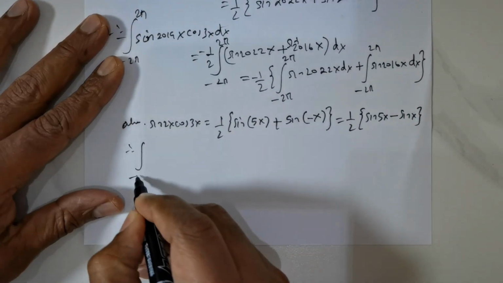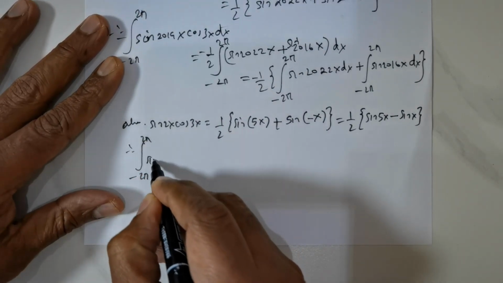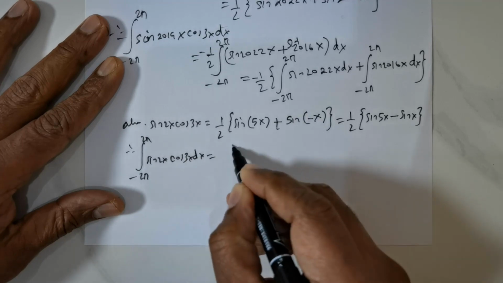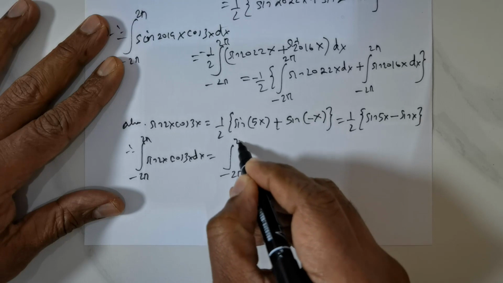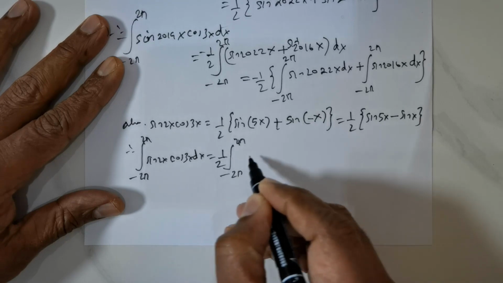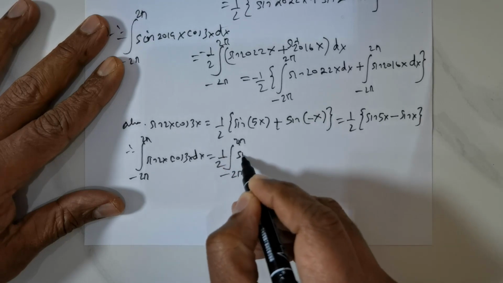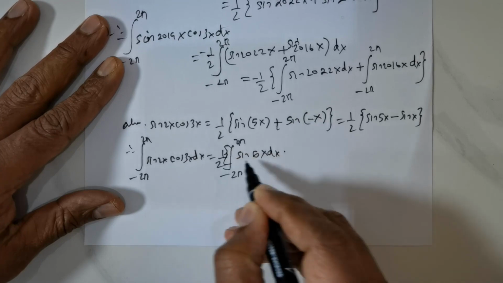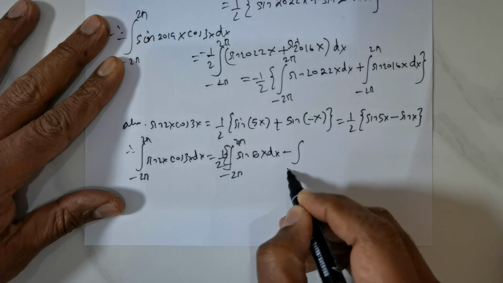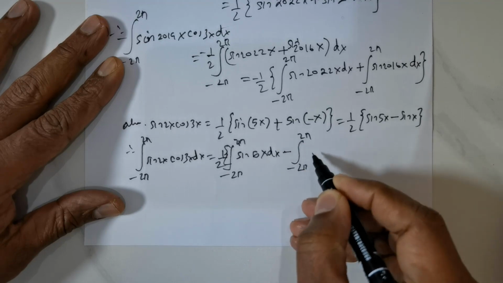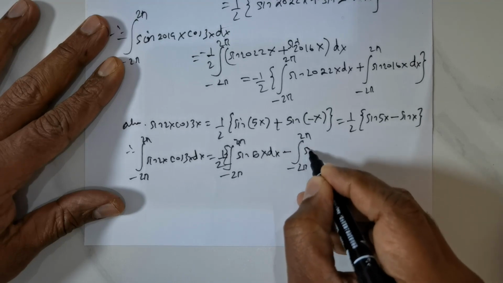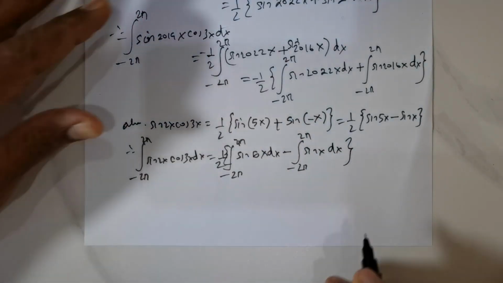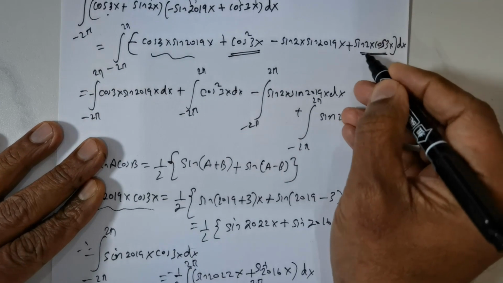So therefore the integral from negative 2 pi to 2 pi of sine 2x times cos 3x dx is equal to the integral from negative 2 pi to 2 pi of 1 over 2, which I place outside, times sine 5x dx, minus the integral from negative 2 pi to 2 pi of sine x dx. Okay, so we have done with this.